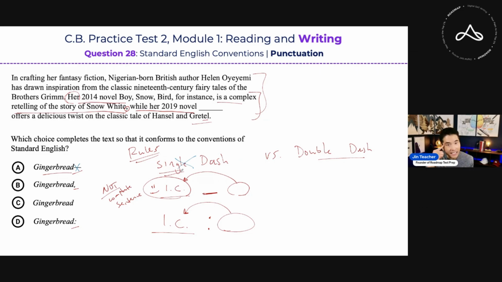And again, using the same logic here, because a dash and a colon function in similar ways, in terms of your basic knowledge, you can think about them as functioning identically, right? Where the information before the colon and the dash has to be a complete sentence.